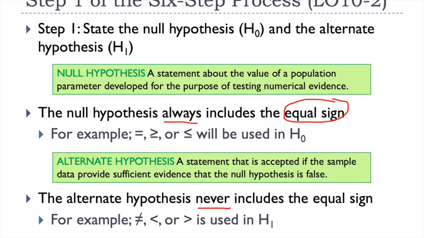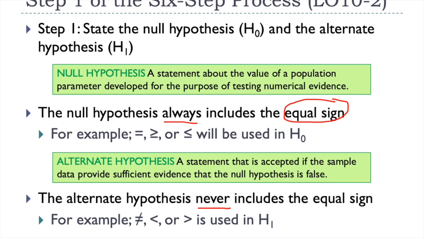And so we have 3 options. Again, if I said that our null hypothesis was a mean of 200, then the alternate hypothesis is that it does not equal. And so we'd use the does not equal sign, 200. Or it could be less than or greater than if we're looking for, again, a range.